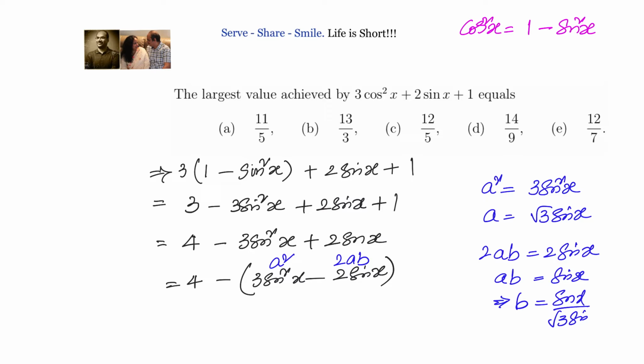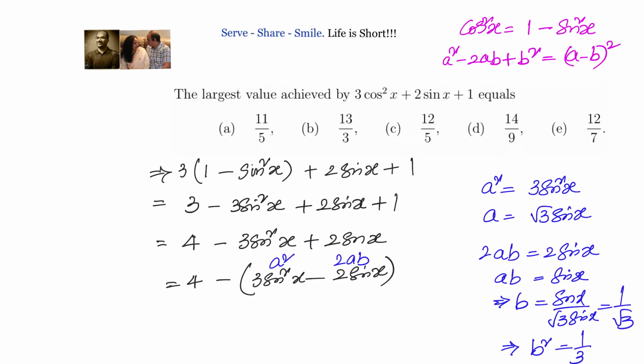Now once we know b equals to 1 by root 3, we can add b square and we can subtract b square so that we can complete the squares. So we'll go ahead and write down whatever we need to find out. That function now is given by 4 minus of, let's add b square term and subtract b square term.